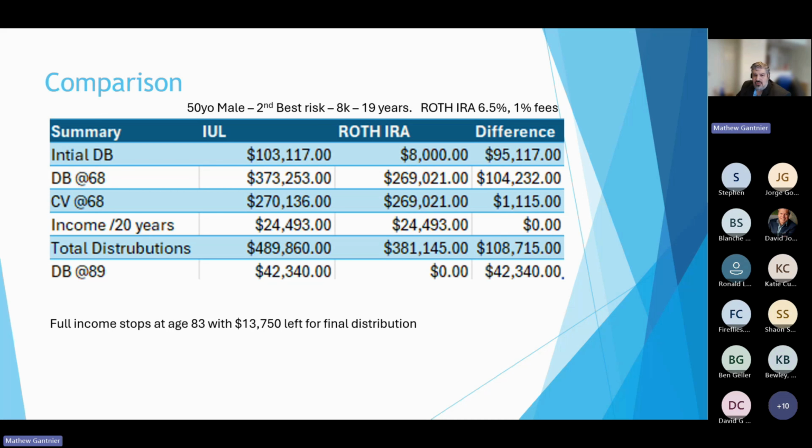I think Chris also asked, can an IUL complement a Roth IRA, or should you choose one over the other? I would say this is more of an and versus an or. While you can choose one over the other, it's not that one is better than the other. It really is about what they're looking for.